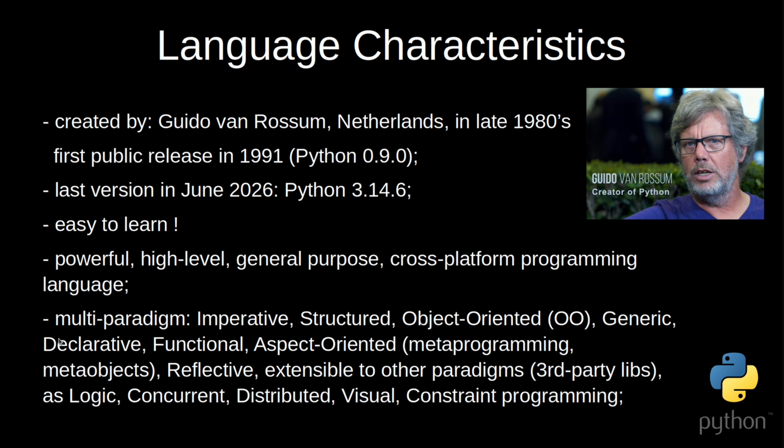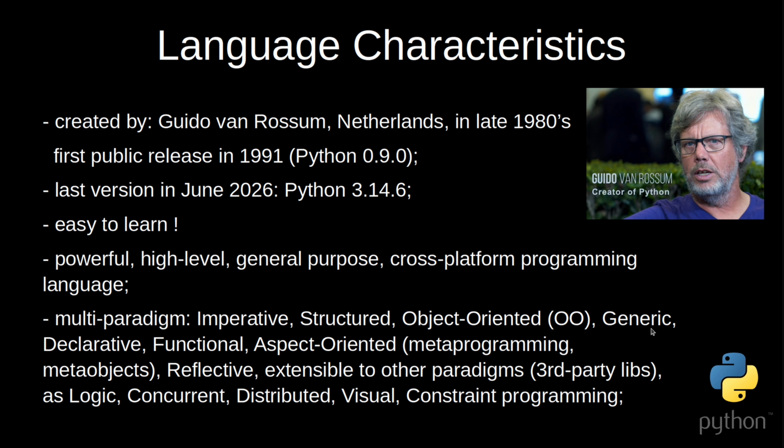It's also multi-paradigm. Python is a language which is imperative and structured. For example, when you write a script, you're simply using the structured behavior of the language, but you can also construct object-oriented software with it. So you would use both object-oriented programming and structured programming.